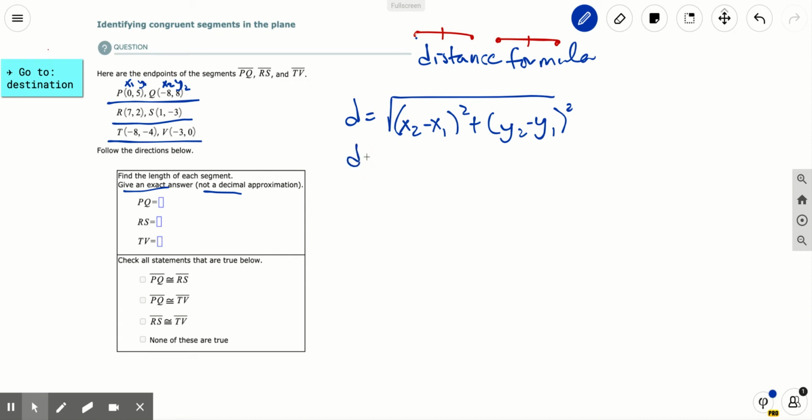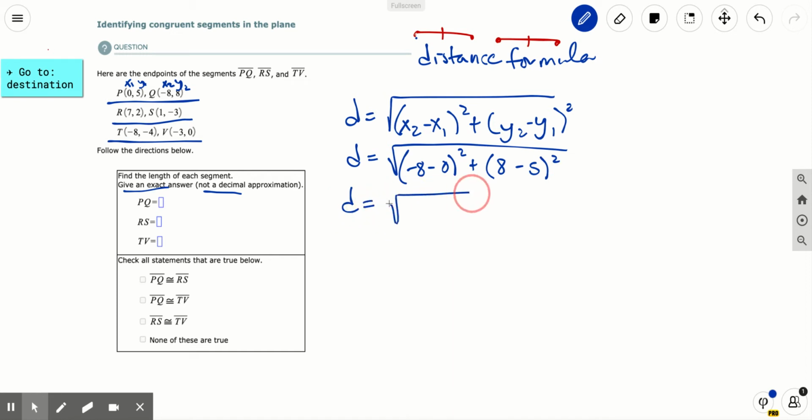All right. So then you go d equals the square root of, and you get x2, negative 8 minus 0 squared plus 8 minus 5 quantity squared. D equals the square root of negative 8 squared plus 3 squared.